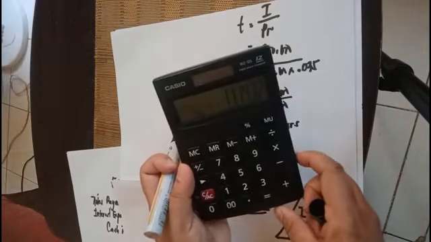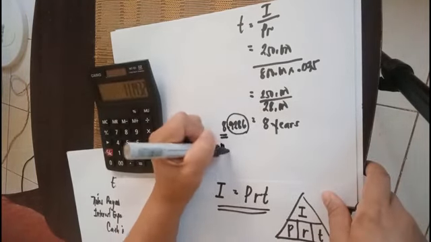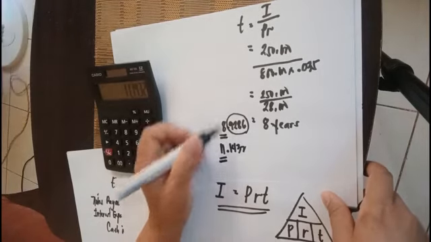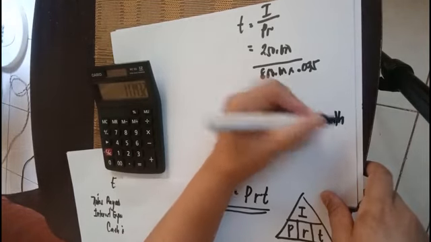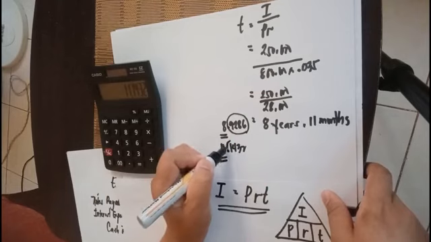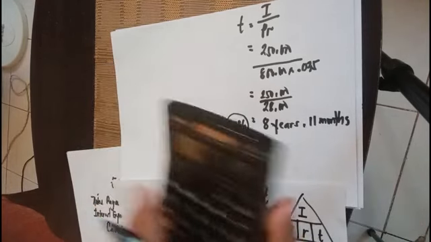So the number of months is 11.1432, meaning this 11 is the number of months. So 8 years, 11 months. And what about the number of days? You compute the number of days with the remaining 0.1432.